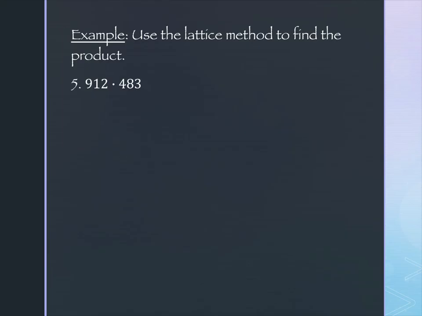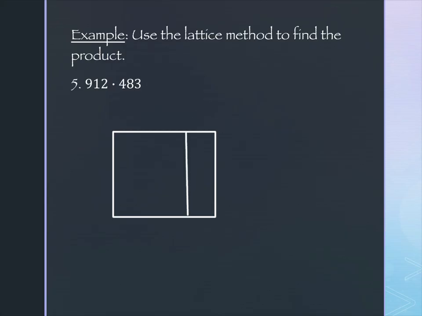912 and 483. How big will my box be? Yeah, close. 3 by 3. So it's going to be a 3 by 3 box, which means there's going to be 3 rows, 3 columns for a total of, how many boxes? 9. 9 boxes here. My picture's a little bit lopsided, but that's okay.